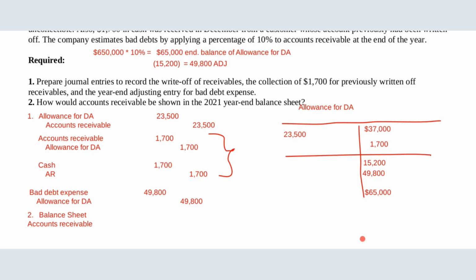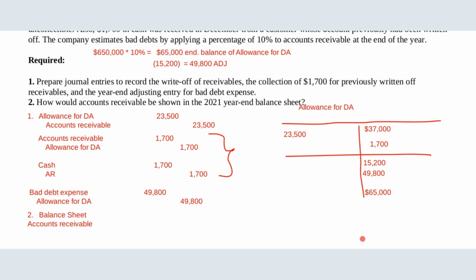Oh no, because the 1,700 was a wash. We put it back, then we took it out, so that was a wash. So I get 626,500.